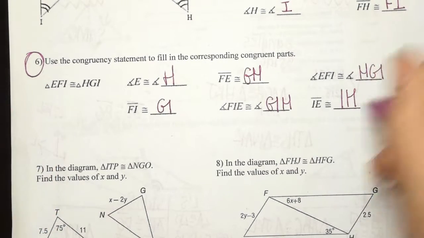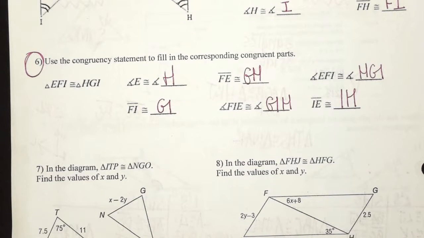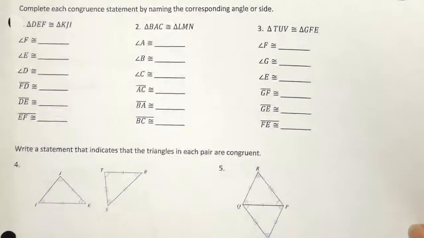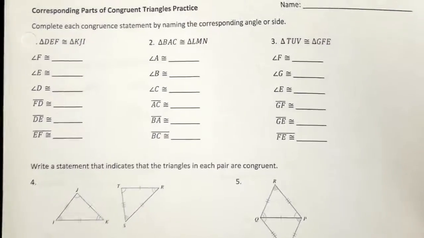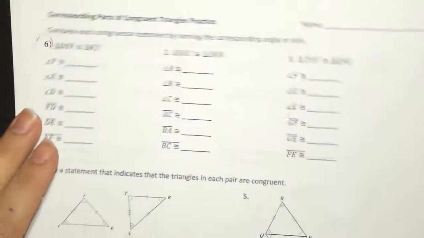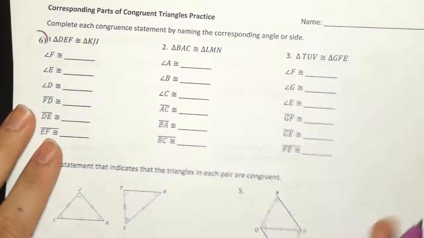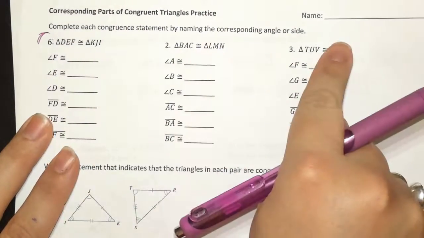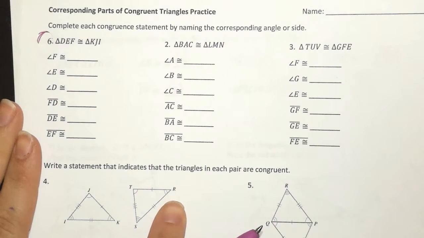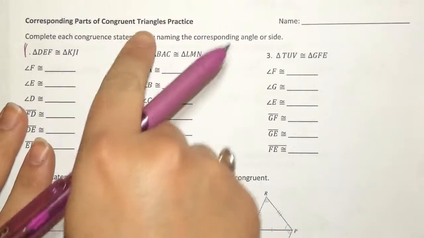Now, on this worksheet I just passed out, this is your homework. It's not as much as you would think. Class, let me rephrase. It is classwork, and if you don't finish it, then you need to do it at home, okay? So here's what it is. These first 3 are what we just did.